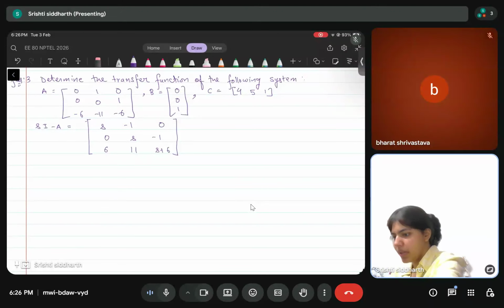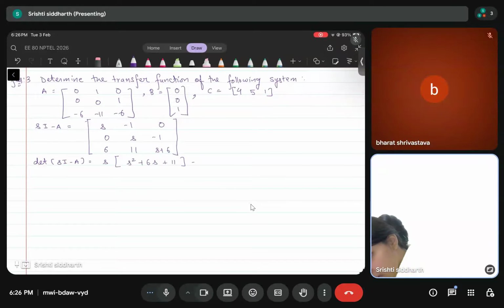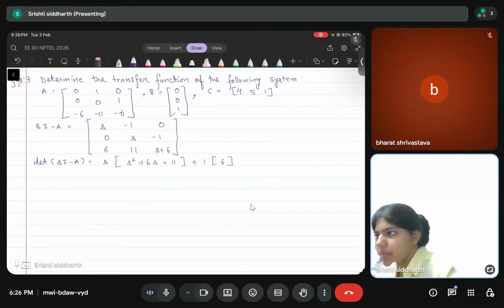So first of all, the determinant is s times s squared plus 6s plus 11, and plus 1 times 6.